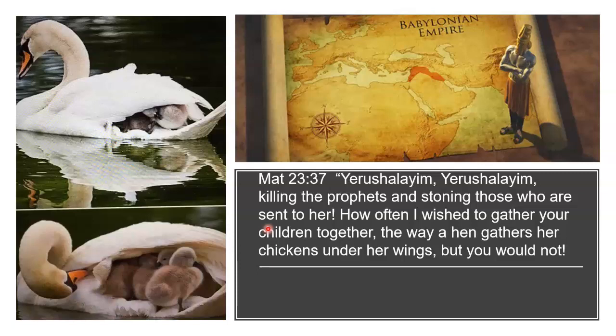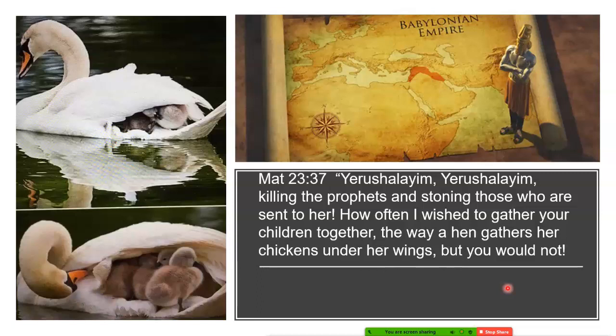In Matthew 23:37, Yahusha said, Jerusalem, Jerusalem, killing the prophets and stoning those who are sent to her. How often I wished to gather your children together the way a hen gathers her chickens under her wings, but you would not.